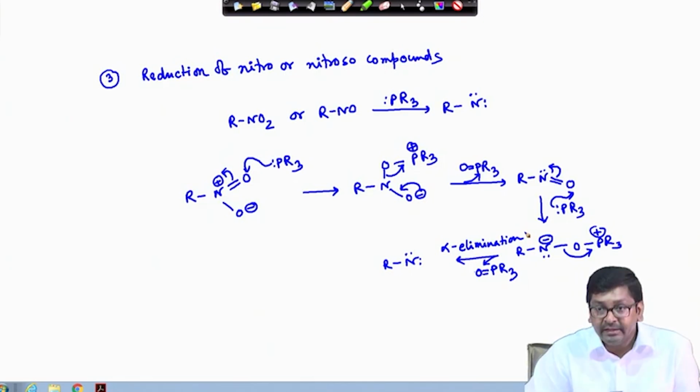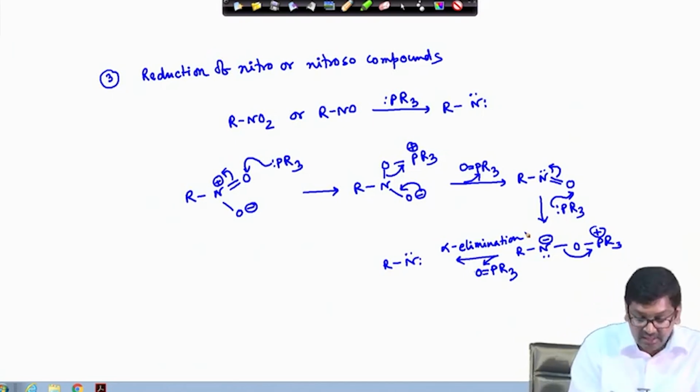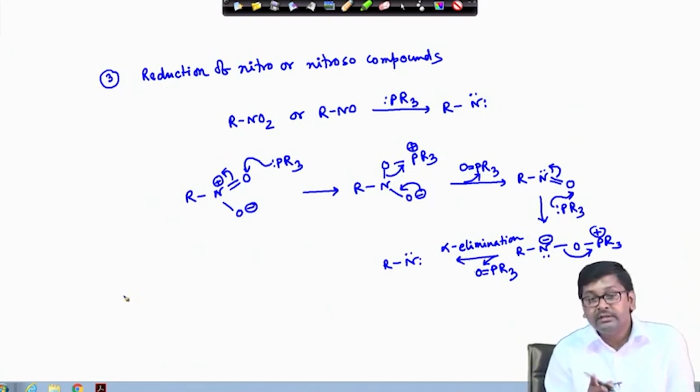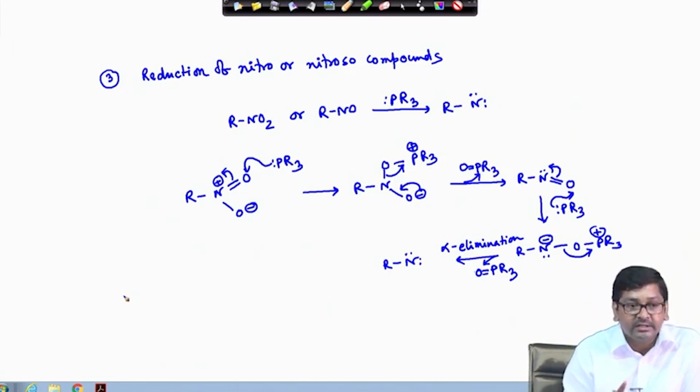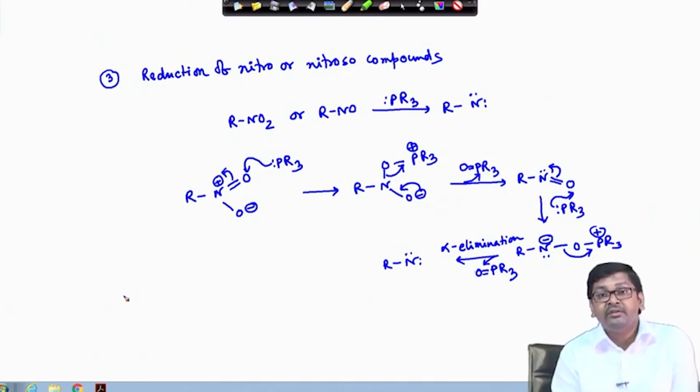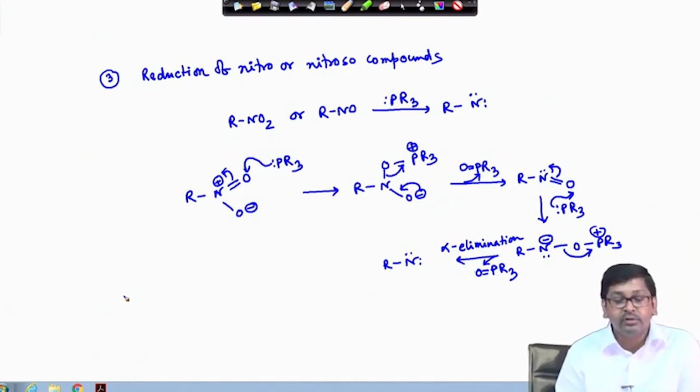Similarly, another method is also there, that I have already shown once, when we discussed the stable nitrene compound which is possible to detect, that hydrogen type of moieties also can be oxidized to get the nitrenes.